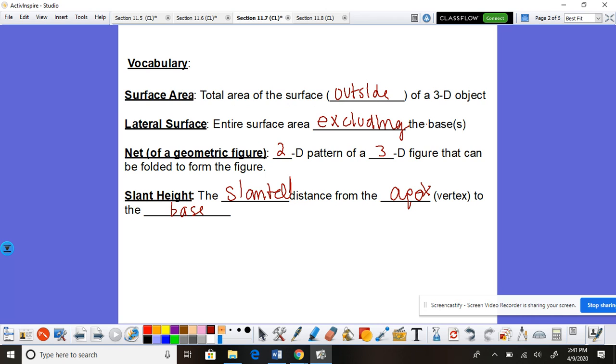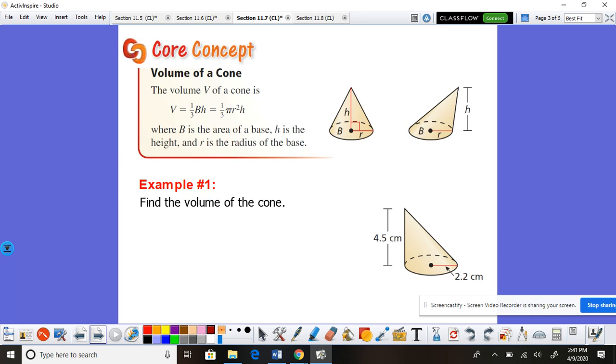All right, so volume of a cone, guys, like I said, it's 1/3 area of the base times height. Now, the good thing about it is we have a circular base.